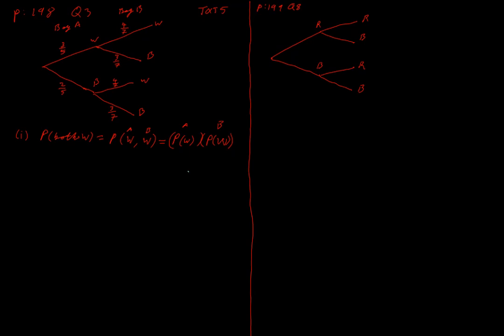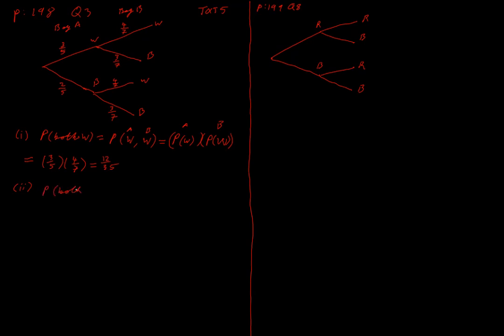Now let's sub in, now that we've worked that out. So probability of getting a white in A is 3 out of 5. Probability of getting a white in bag B is 4 out of 7. Just multiply those together and we get 12 out of 35. Part 2. Probability of both blue.